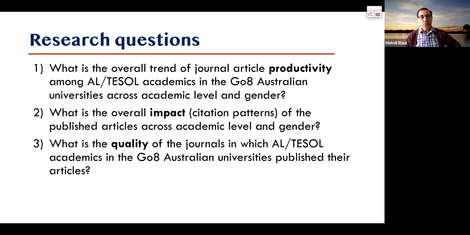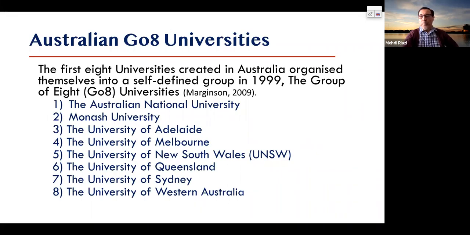And what is the quality of the journals in which this cohort of academics published the papers? For those who might not know, the first 8 universities created in Australia organized themselves into a self-defined group in 1999, and they were called the Group of 8 universities.